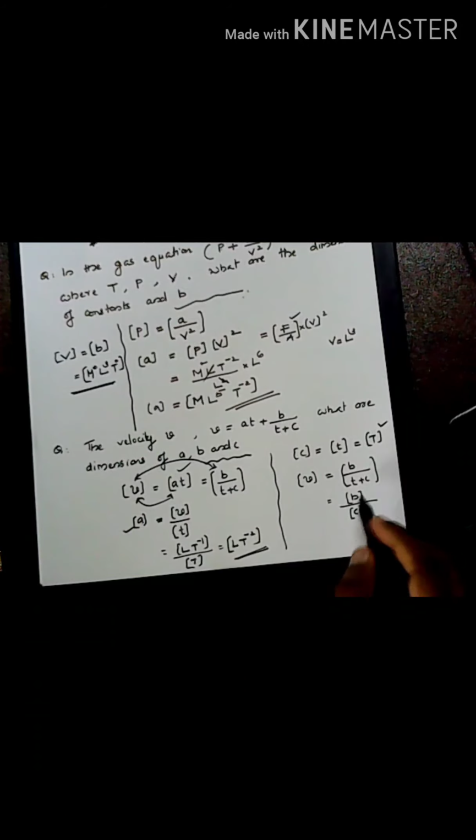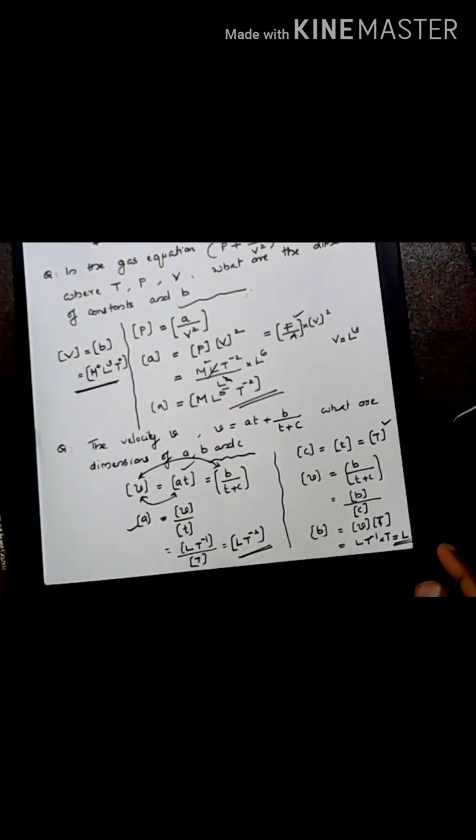So we can find the dimension for b. So that is equal to the velocity into the dimension of c. It is given as T. So v is what? L T raised to minus 1 into T. So you get the value as L. So we get the solution. A very important problematic situation, keep in mind.